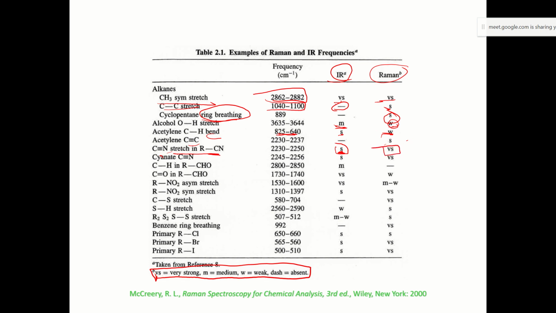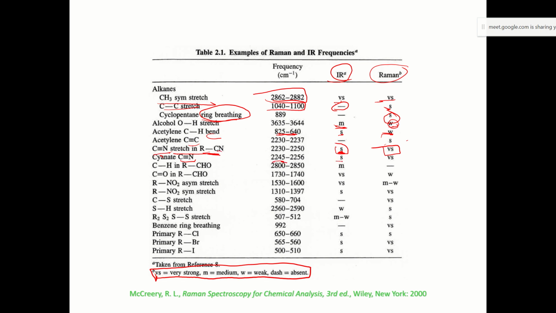So ऐसा भी हो सकता है कि कुछ functional groups ऐसे भी होंगे, कुछ situations ऐसी भी होंगी जहाँ पे रमन एक्टिव भी होगा और स्ट्रांगली आईआर एक्टिव भी होगा. ऐसी भी सिचुएशन है जो यहाँ पे हम एग्जांपल देंगे. वेरी स्ट्रांग इन रमन, स्ट्रांग इन आईआर. साइनेट, C triple bond N. सो अब देखिए C triple bond N साइनेट में भी होगा और साइनाइड में भी होगा.